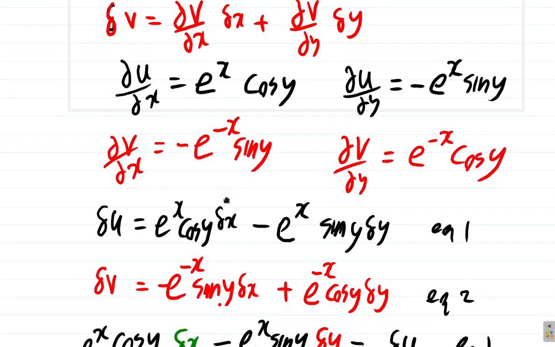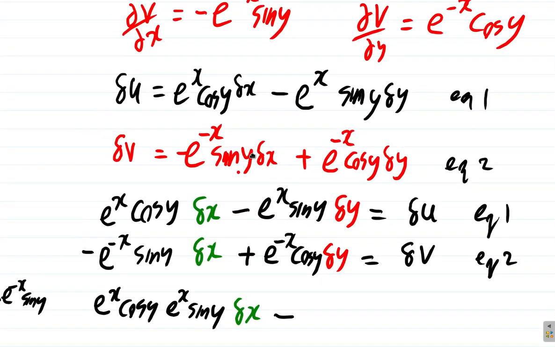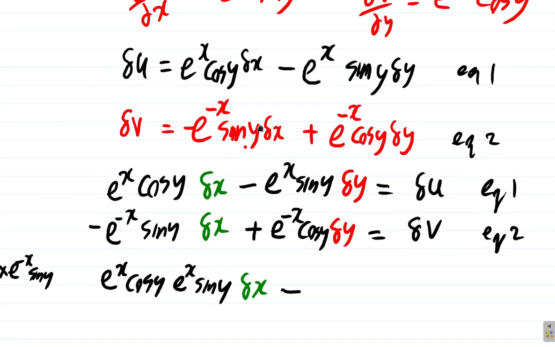Just to double check, that's what we have so far. Everything okay with it? We have one equation. Change in u is e to the x cos y delta x minus e to the x sine y delta y. Good.